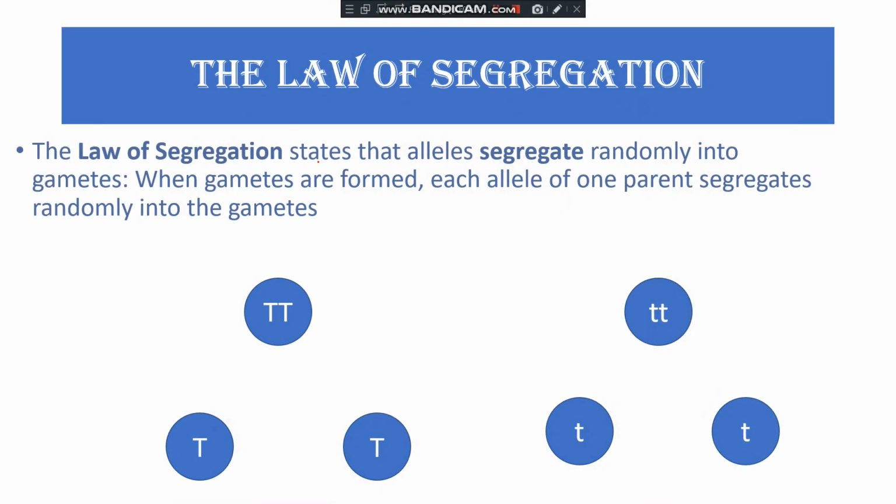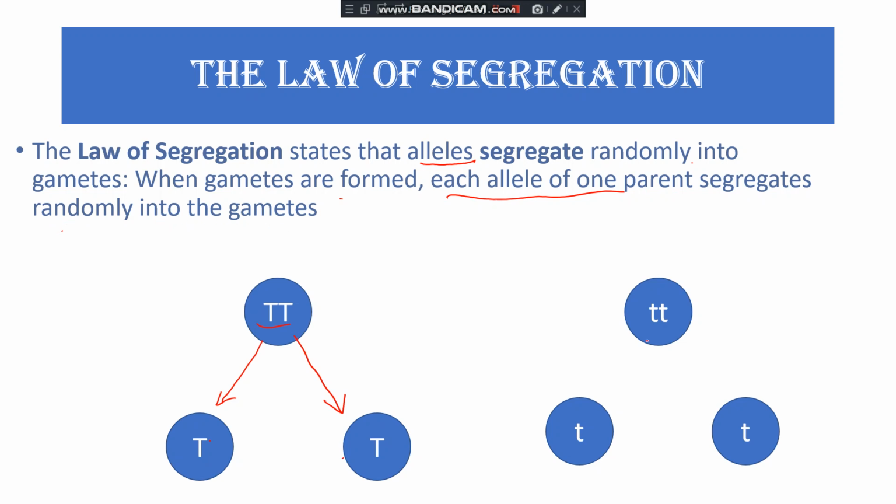The law of segregation states that the alleles, afterwards the name was changed, previously it was factor, segregate randomly into the gametes. This means when the gametes are formed, the alleles present in a pair separate, and in each gamete only one allele goes. So each allele of one parent segregates randomly into the gametes.